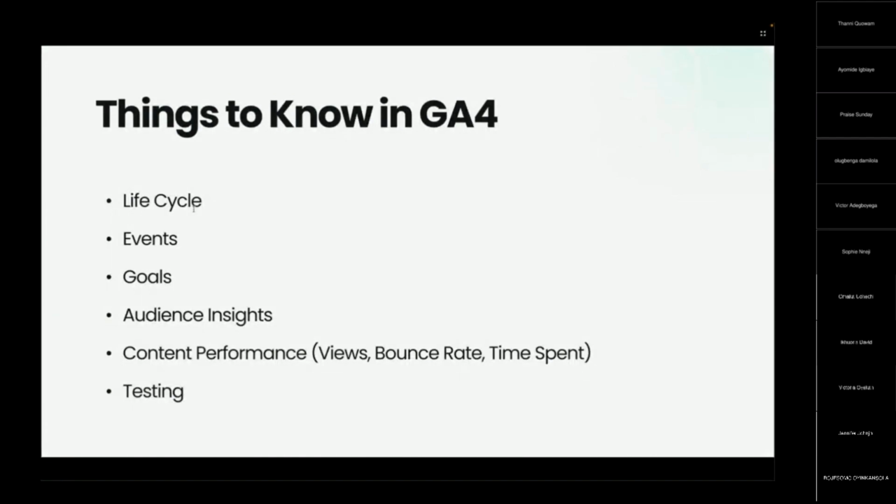That is, how do they get to the site? You know that. Then when they get to the site, how are they engaging with the site? You try to understand that. Then when they engage with the site, what are the conversion metrics you're measuring? You also try to identify that. Also, you want to retain them. How well are they coming back to the site?